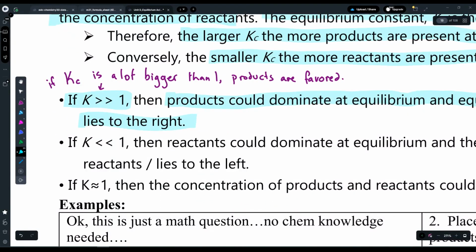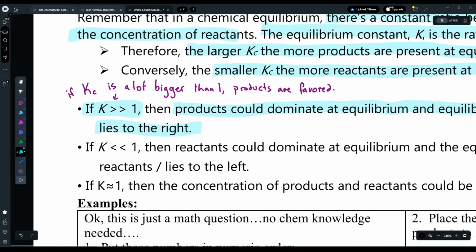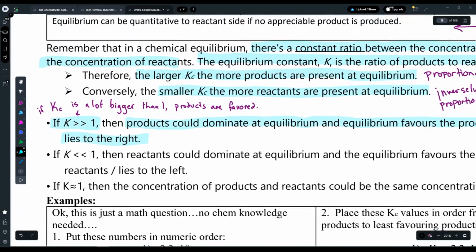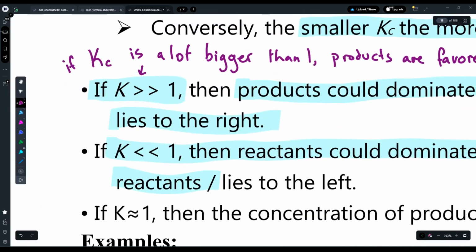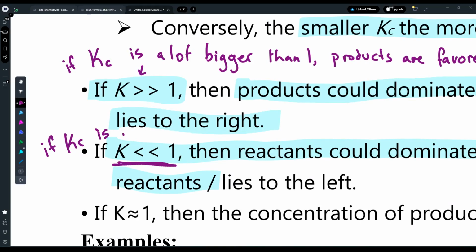Meanwhile, if your equilibrium constant is a lot smaller than 1, then your reactants are going to be favored. I'm just writing it out: if your equilibrium constant is a lot smaller than 1, reactants are favored.